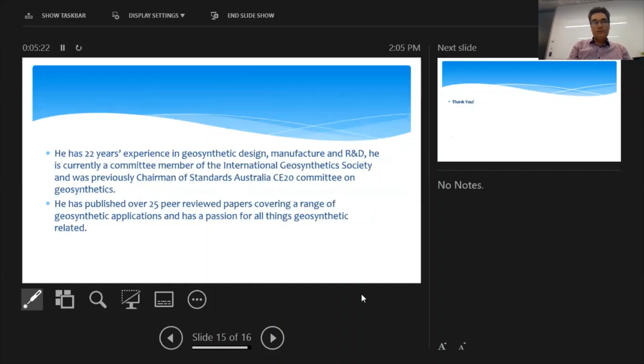He has 22 years of experience in geosynthetics design, manufacture, and R&D. He is currently a committee member of the International Geosynthetics Society and was previously chairman of Standards Australia CE20 Committee on Geosynthetics. He has published over 25 peer-reviewed papers covering a range of geosynthetic applications and has a passion for all things geosynthetics related.